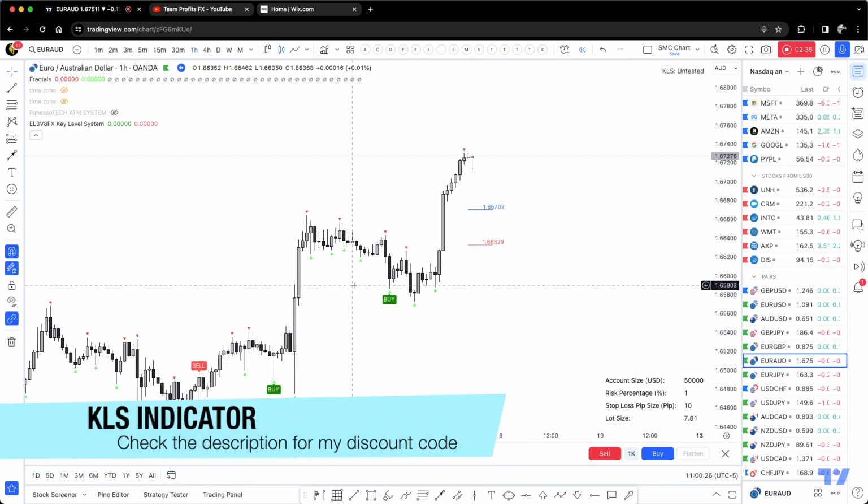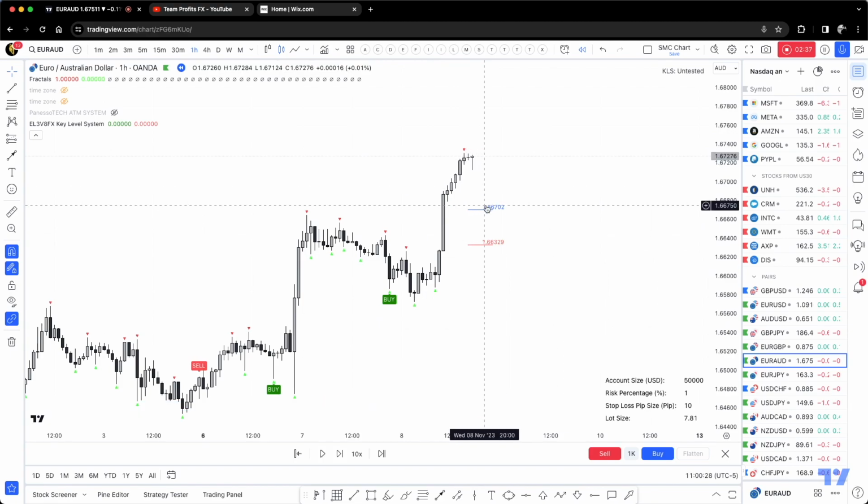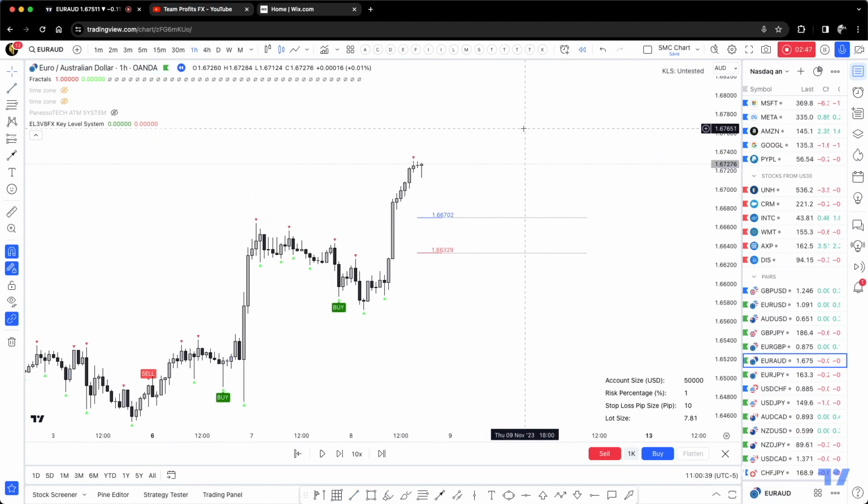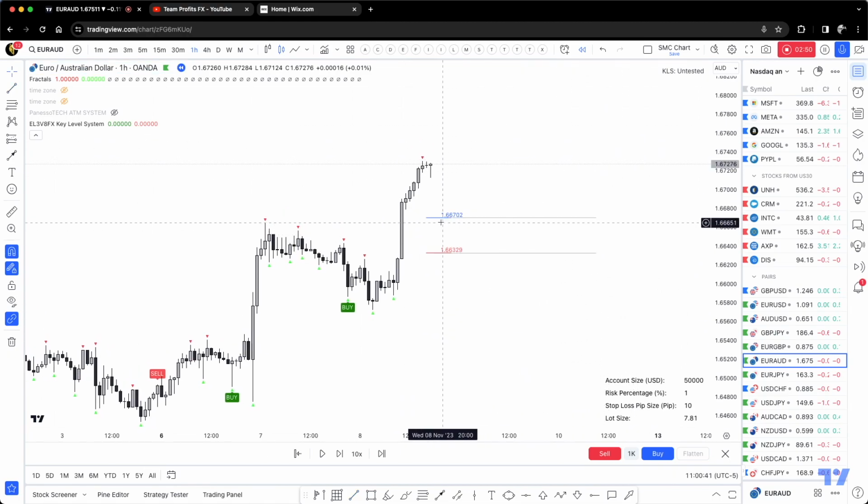It deleted the previous trade, and now it's printing a signal. It's printing two lines. These lines don't move. I'm going to put this line right here so you can see they don't move. They actually stay in there, right? And it's basically giving you a zone. Okay, this is literally a zone.